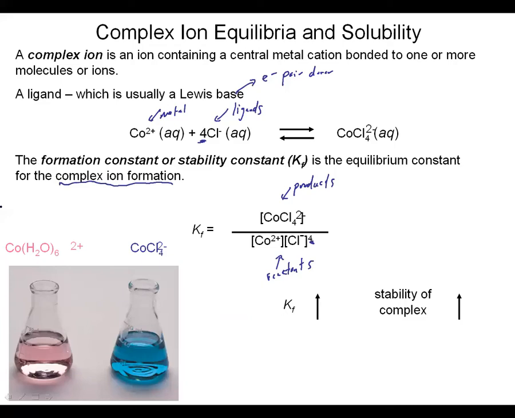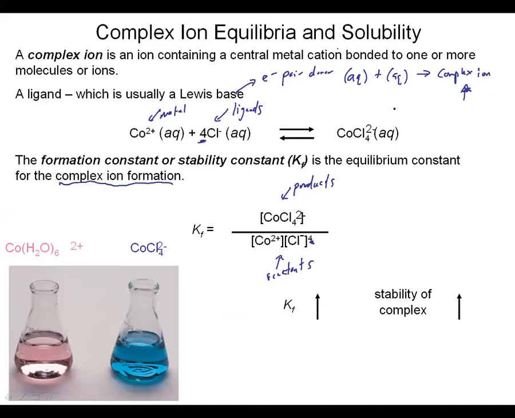A large K value means we have more products. In this type of equilibrium, it is aqueous ions going to complex ion. So a large K value would put us over here on the right-hand side, and we would have a lot more of the complex ion at equilibrium.